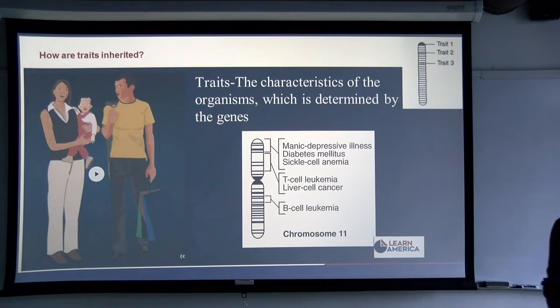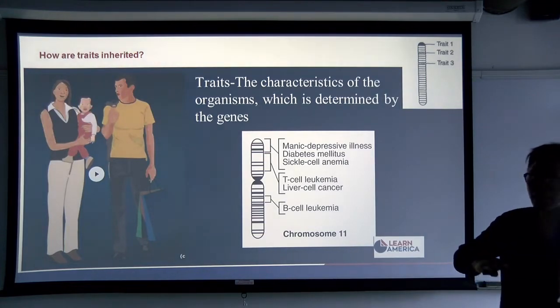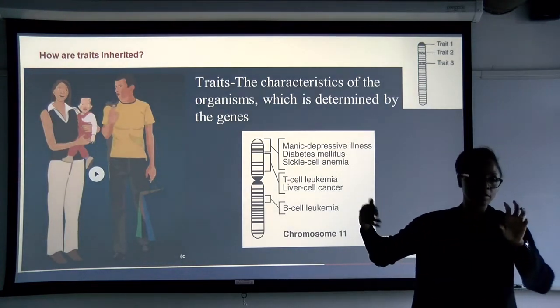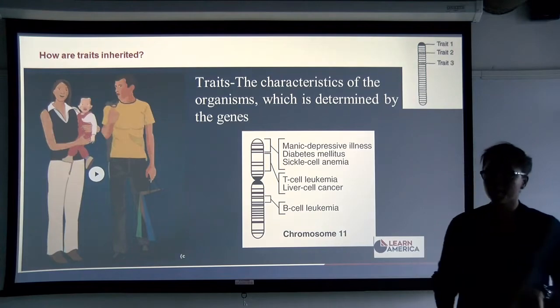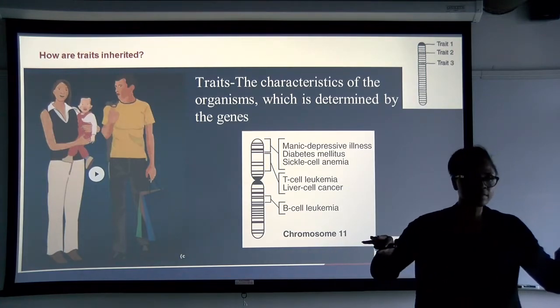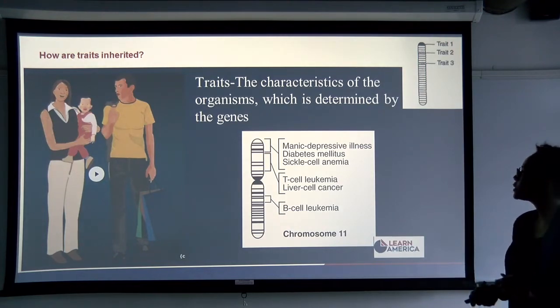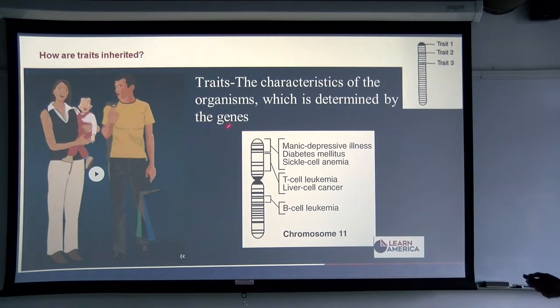All right, and that brings us to how these traits are inherited. So we see how the embryo goes from one cell to being a multicellular organism made up of all these specialized systems which make up the entire organism. How do you inherit the traits that you have? Traits are the characteristics of the organisms, which are determined by genes.